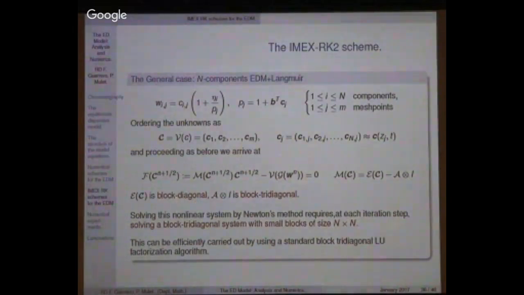But now, when you go to the Newton's method, you realize that you have to solve block tridiagonal systems with small blocks of the size of the components. Usually could be 2, 3, 4. This is small, okay? This is cheap. You can afford that.